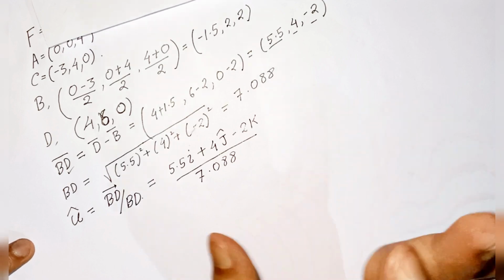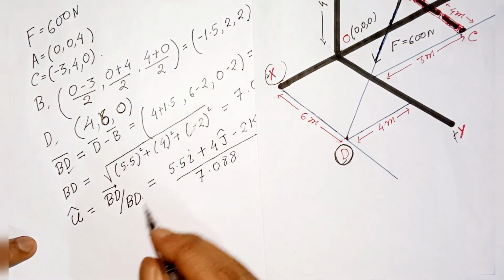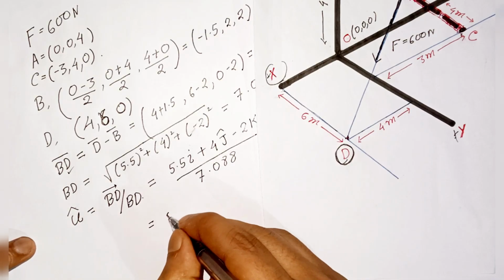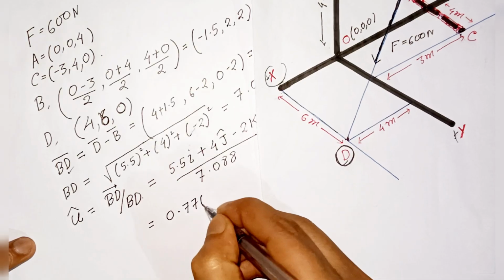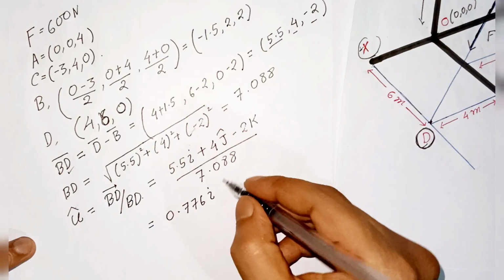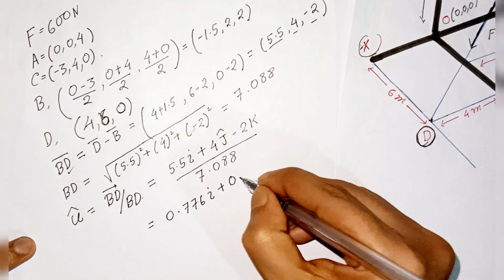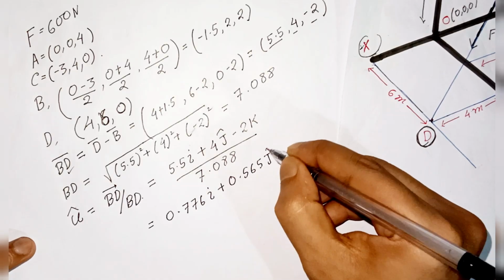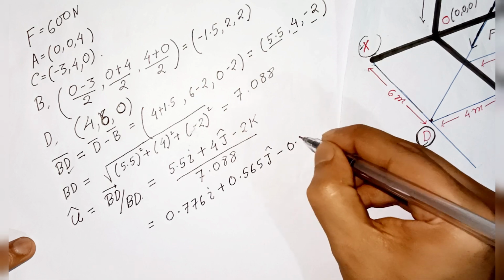Divided by the magnitude 7.088. Let's calculate. So U cap equals 0.776 I cap plus 0.565 J cap minus 0.282 K cap. This is the value of the unit vector U cap.